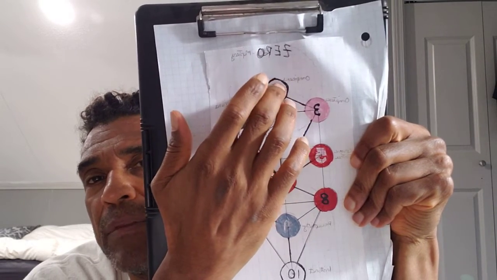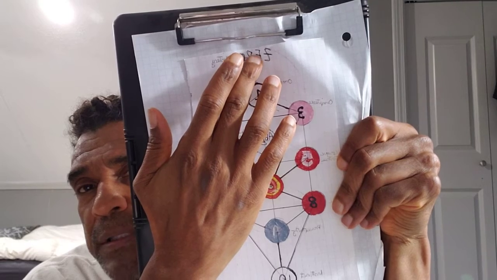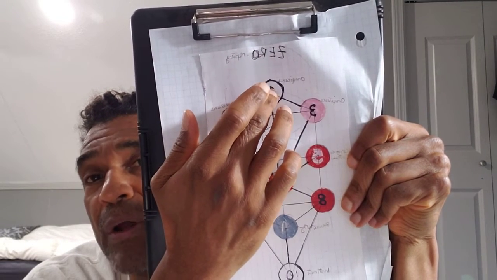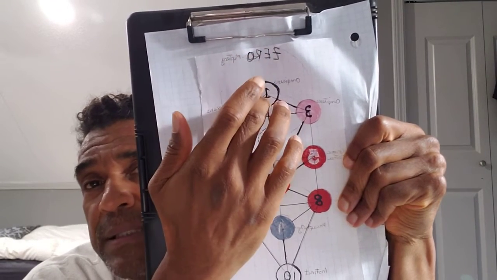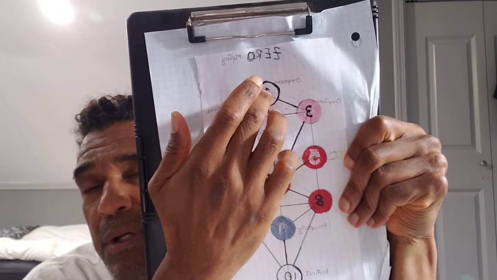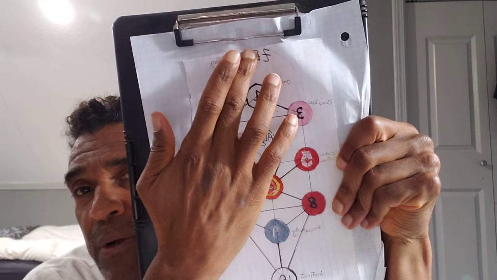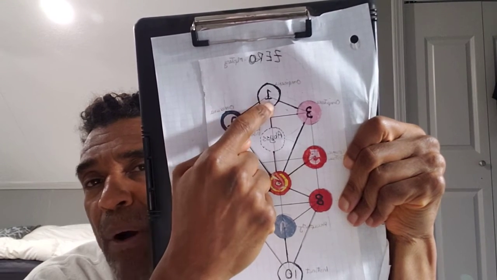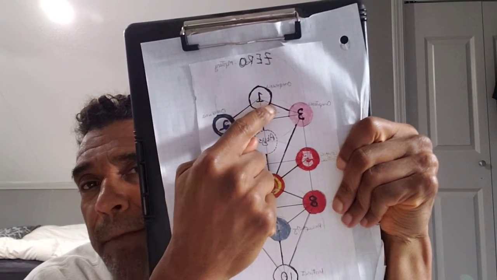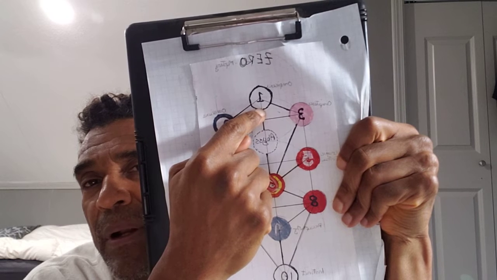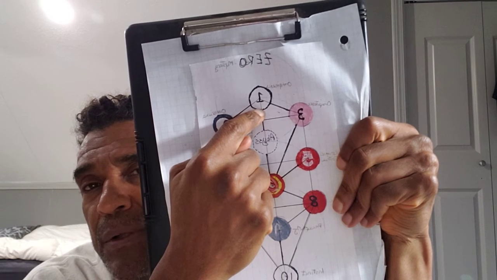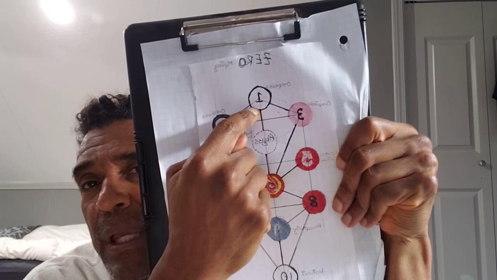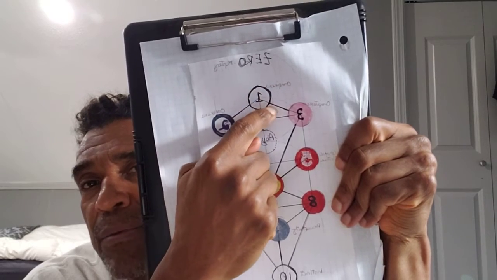But the 0 sphere is the part of the universe, part of the creator, that is not part of the universe. So this is the part of the creator that the creator reserves for itself. So it is part of the creator, but it is not part of the universe. So it is something that we only can perceive indirectly through this one.